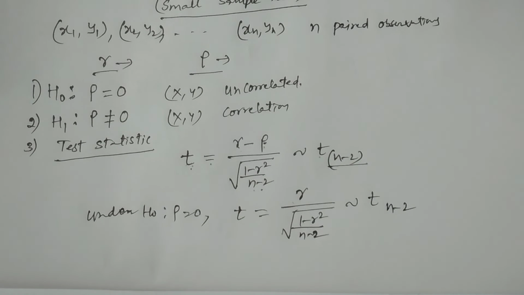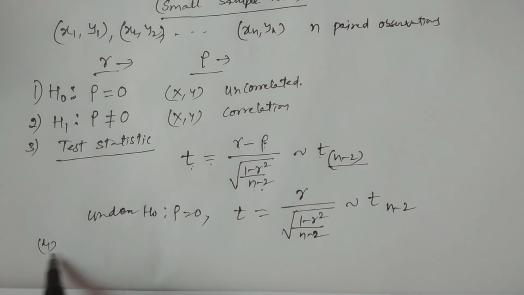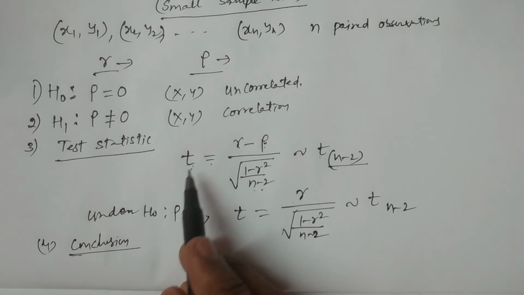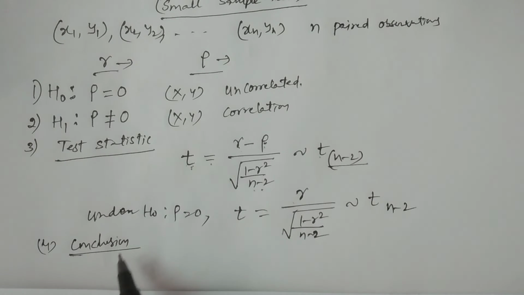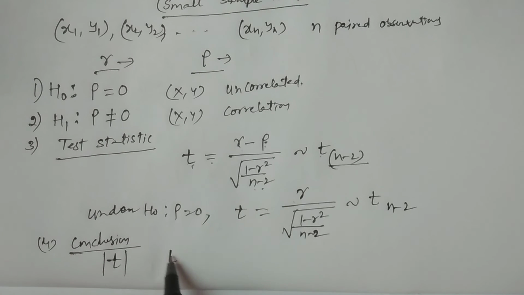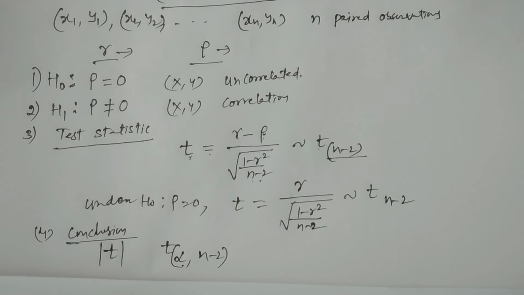Now the comparison and conclusion, the fourth part. While comparing, the computed value is the modulus of t, and the tabulated value is taken at alpha level of significance and n minus 2 degrees of freedom, giving t alpha comma n minus 2.